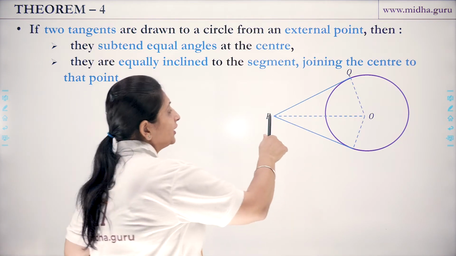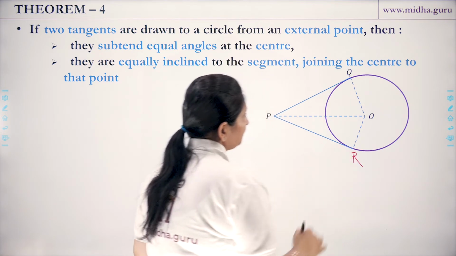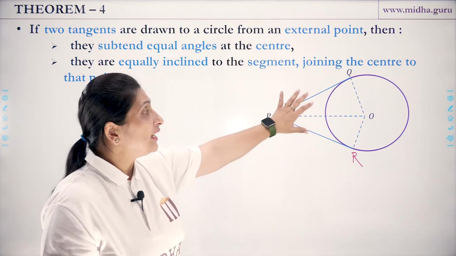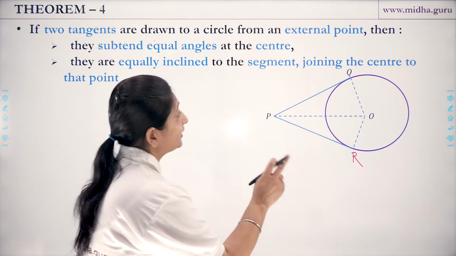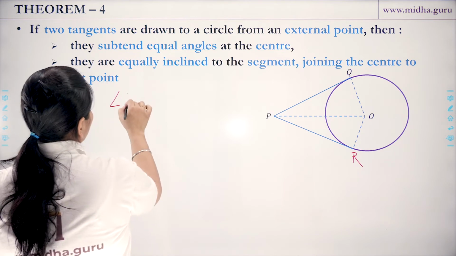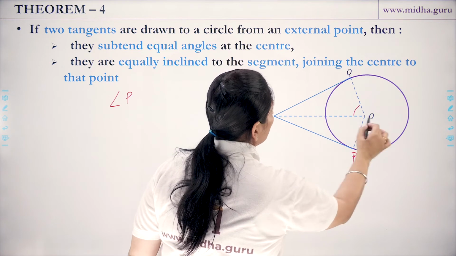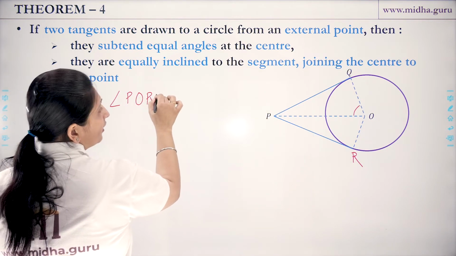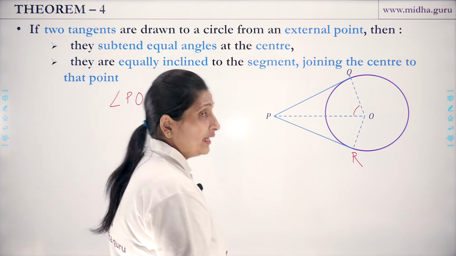Again, if we are drawing two tangents from a given external point P, we know that the lengths of the tangents are equal. Next, they subtend equal angles at the center. That means we have to prove angle POQ is equal to angle POR.